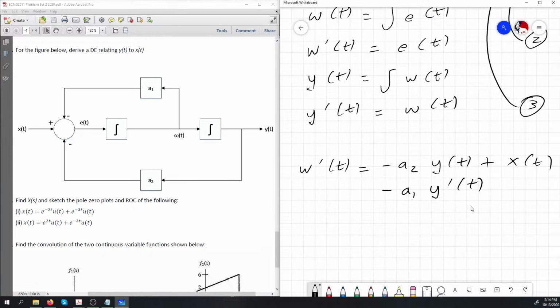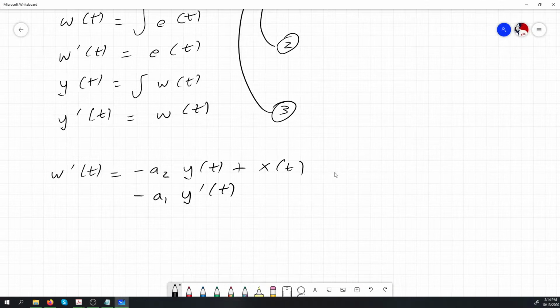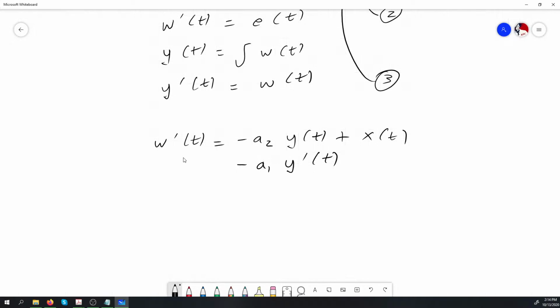So the right hand side of our equation at this point has been resolved in terms of y and x.